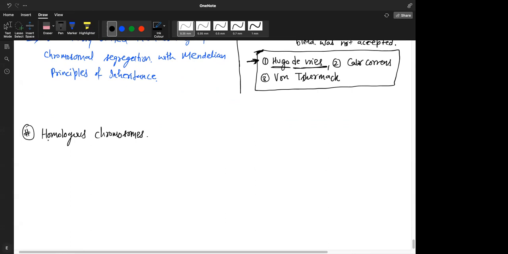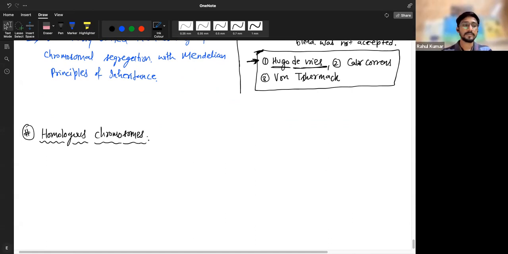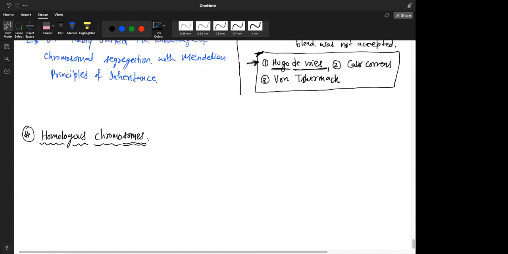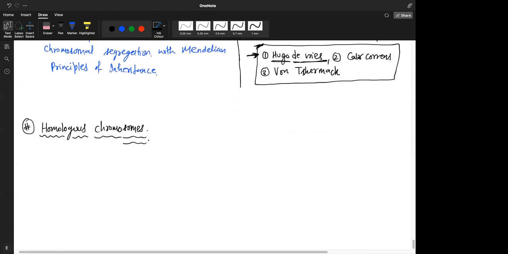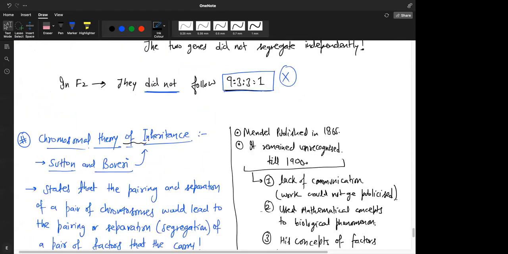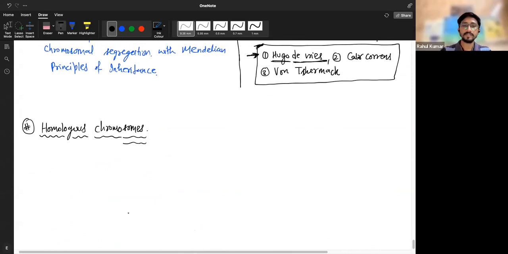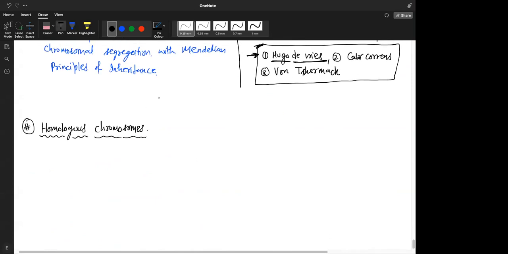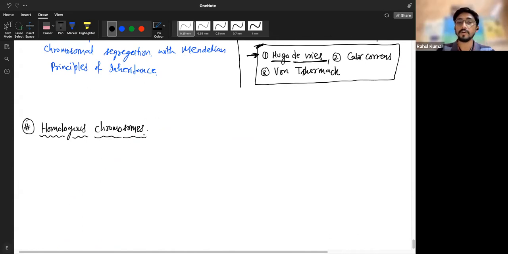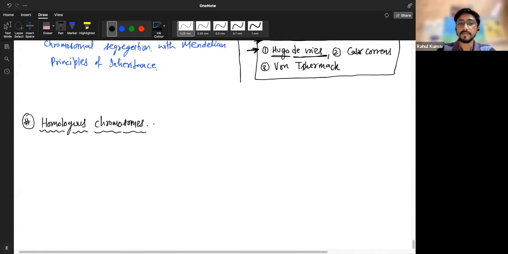During meiosis, they get separated and pass into different cells. Yes, but what are they basically? Homo means same. So basically they are the same chromosomes, different copies of it.